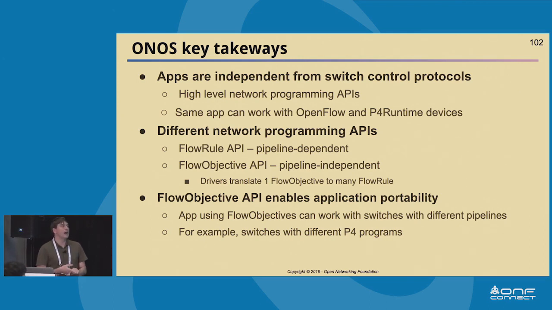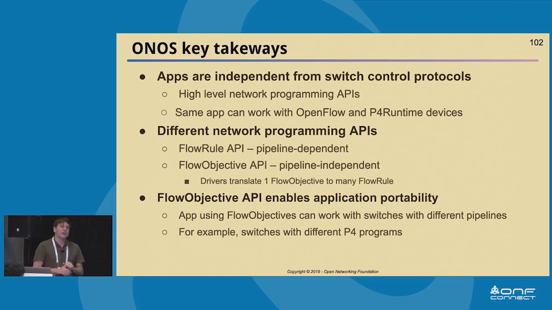The flow rule API is pipeline dependent. The application needs to be aware of the specific tables in the pipeline. The flow objective API is pipeline independent. For example, when you instantiate a flow rule, you have to pass a table ID. When you instantiate a flow objective, no need to pass a table ID. Table IDs will be derived by the driver, which is responsible for translating flow objectives to many flow rules.